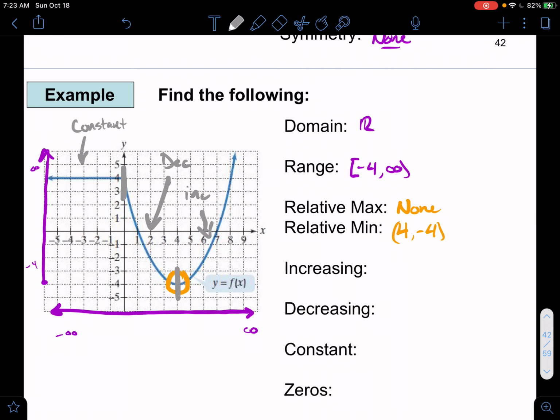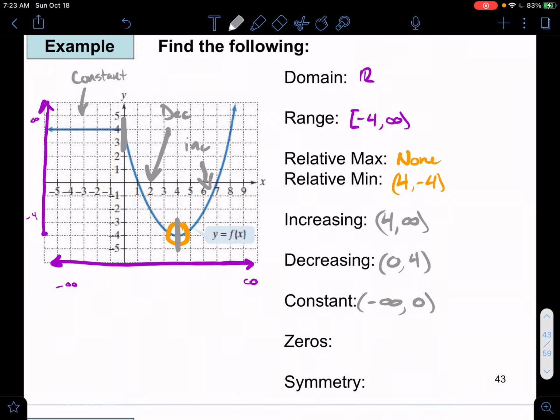So looking at this, we are increasing from 4 to infinity, since it's going to keep increasing as it goes to the right. We are decreasing from when x is equal to 0 all the way to when x is equal to 4. And then we are constant from negative infinity all the way to 0.